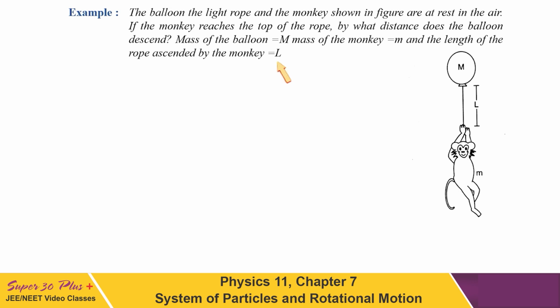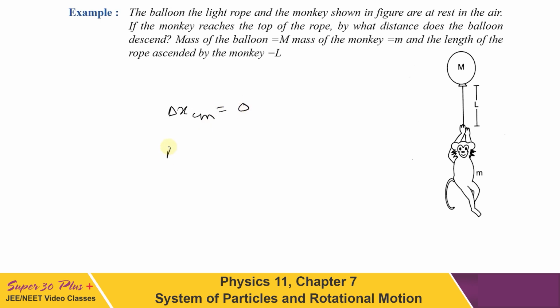Now as no external force is acting, because the monkey will apply a force on the rope and in reaction the rope will apply a force on the monkey, these two are forces of interaction kind which cannot displace the center of mass. Then we can write delta X_CM to be equal to 0 for this whole system.